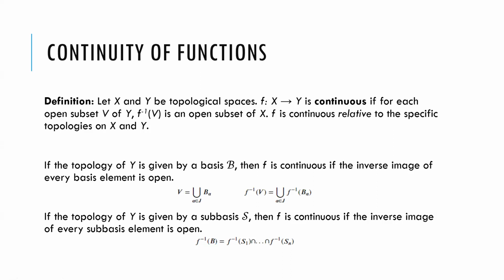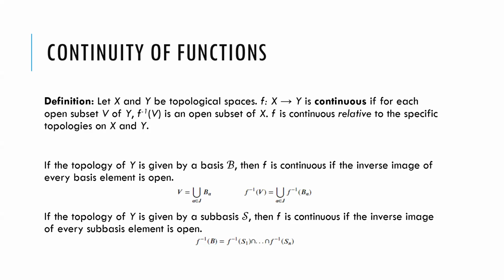And from there, we have the notions of continuity using a basis B. So if the topology of Y is given by a basis B, then f is continuous if the inverse image of every basis element is open.